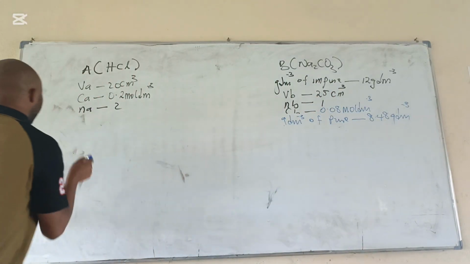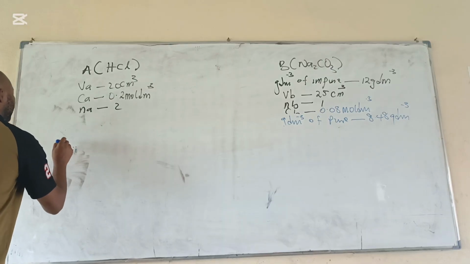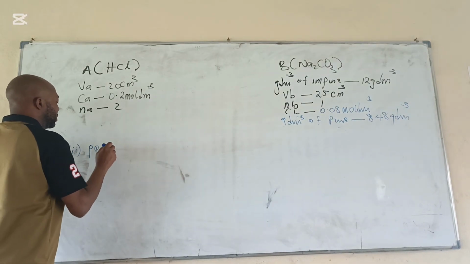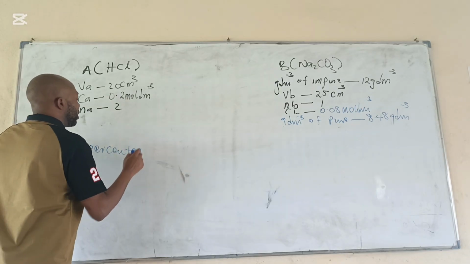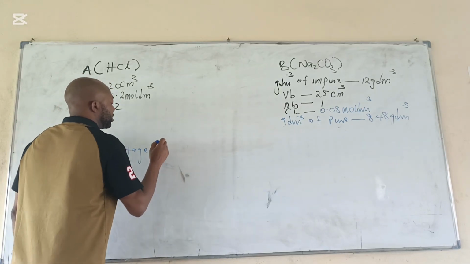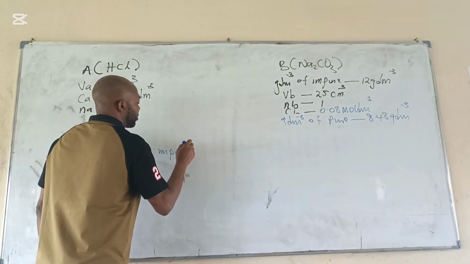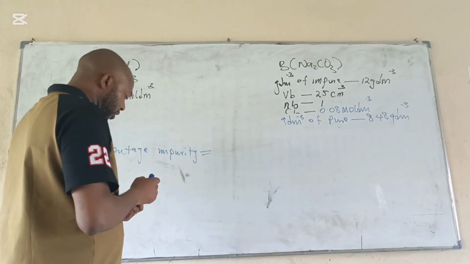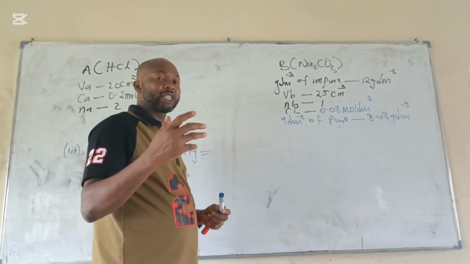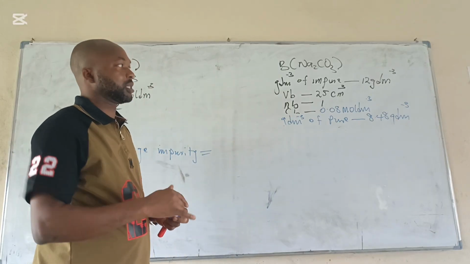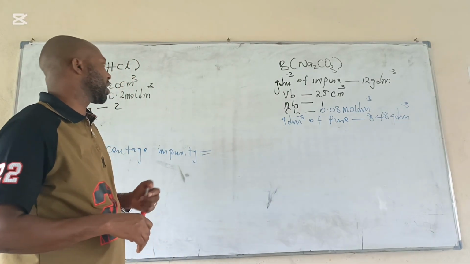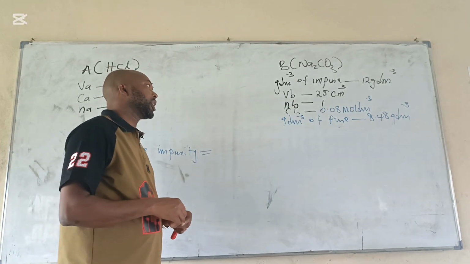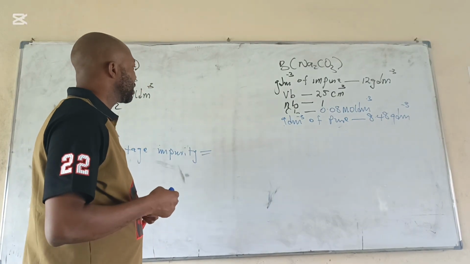Now the next thing here, 3, says percentage impurity is equals to what? Now I gave us two formulas which were statutory. Those ones are fixed. And I now gave us another formula which was not captured in the formulas which I gave us, but we can use that here. Let's see how that works.